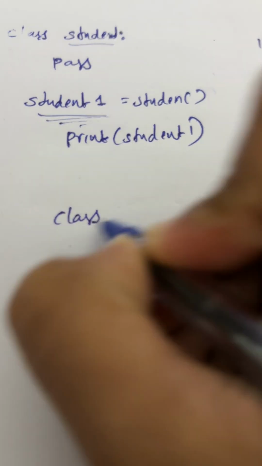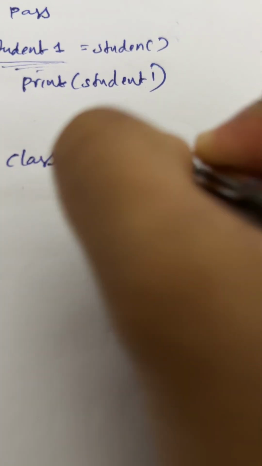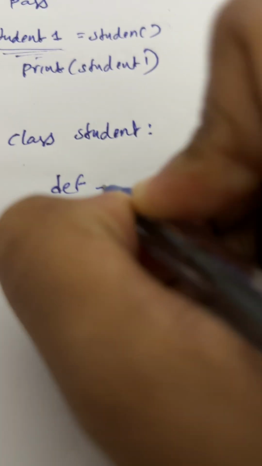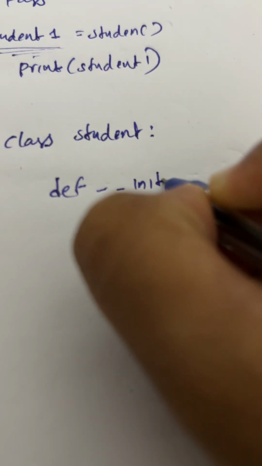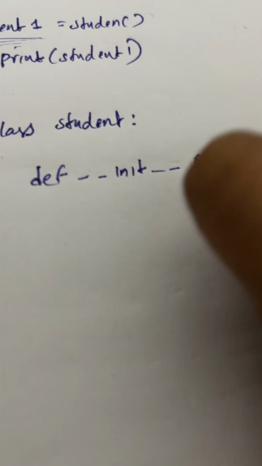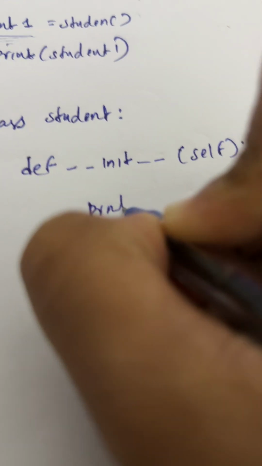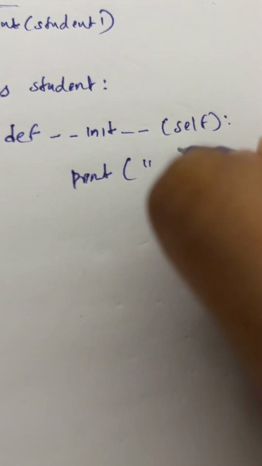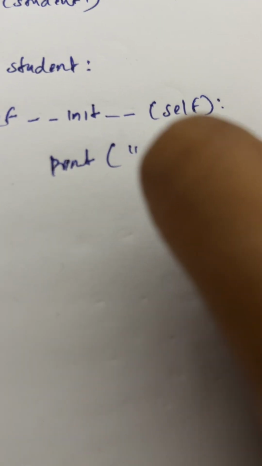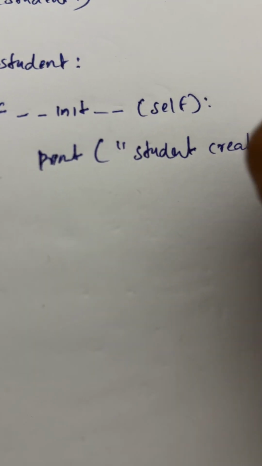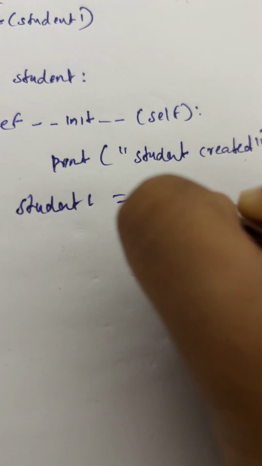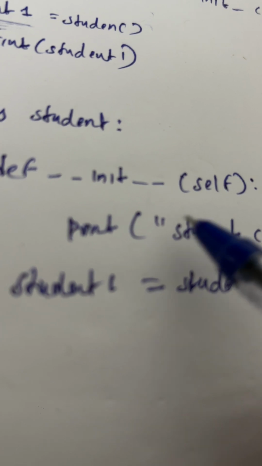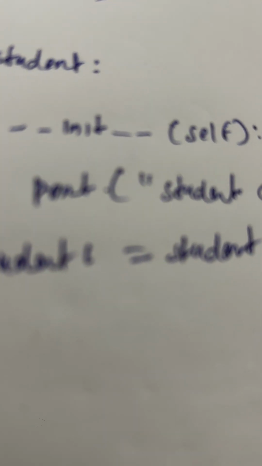So here we write class Student, def __init__(self), print student created, then student1 = Student(). Def __init__ is called a constructor.